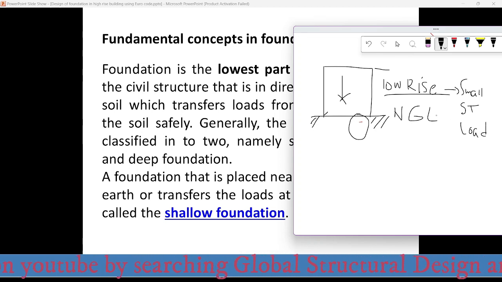So for a structure having a small structural load, we will be using the shallow foundation. The shallow foundation is placed near the surface of the earth. Here, this is the surface of the earth. We will go down, but the depth of the foundation will not be that much; it is up to a maximum of 3 meters.